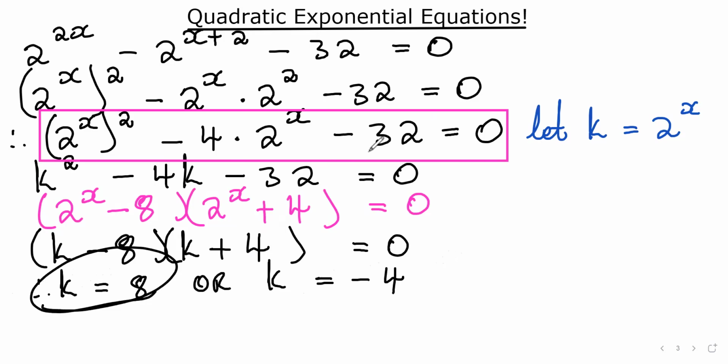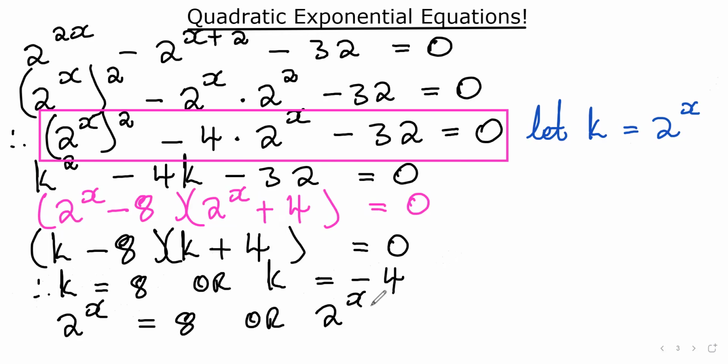Then you remember, what is k? Well, k is actually 2 to the x, right? You don't even need to say but. You can just say, well, 2 to the x equals 8, or 2 to the x equals -4. Is this possible anyway? No, it's not possible. Why?